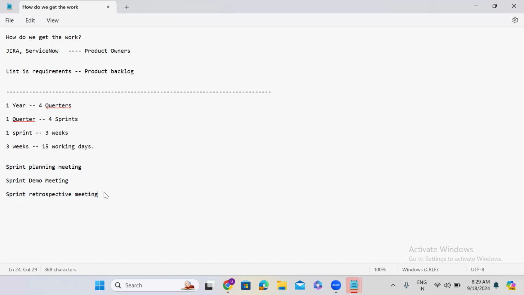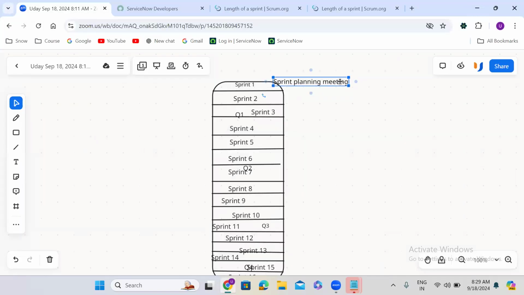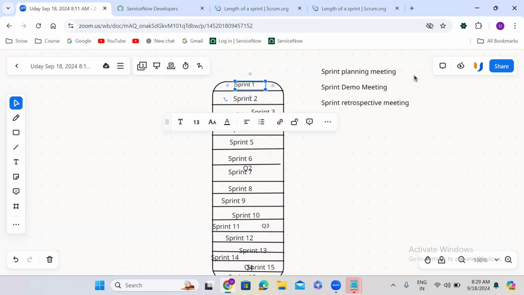So these three meetings will happen in every sprint: sprint planning, sprint demo, sprint retrospective. So 16 into 3, 32 plus 16, 48. So in a year, a total of 48 meetings will be there, guys.